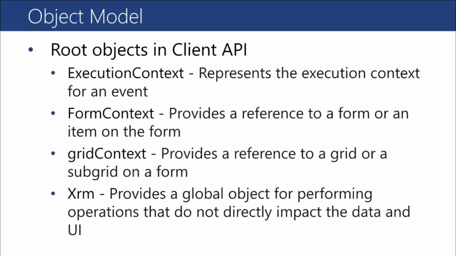We are still supporting it to maintain backward compatibility with existing scripts, but we recommend that you use the form context object instead of the Xrm.Page object for any new development. Also, gradually, if you have existing development, you should plan to change it to use form context instead of Xrm.Page.